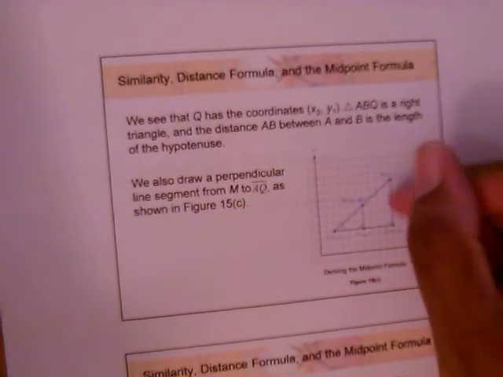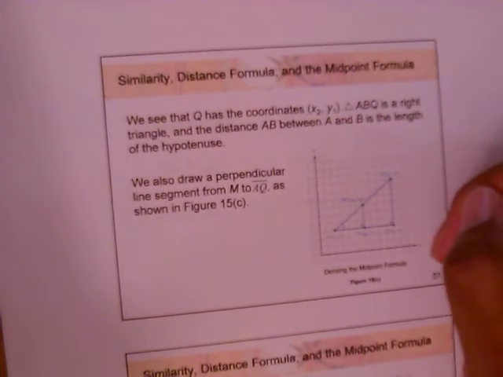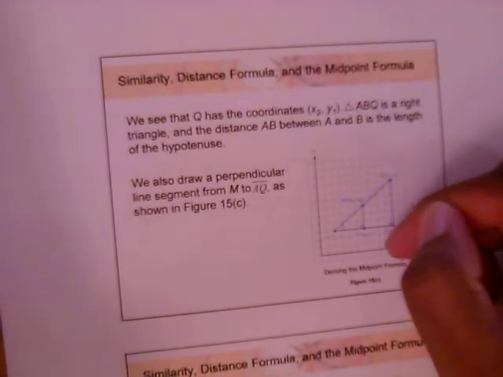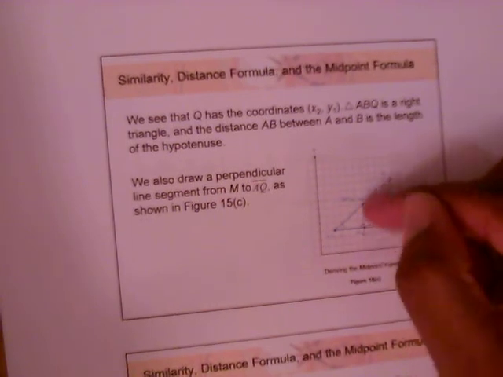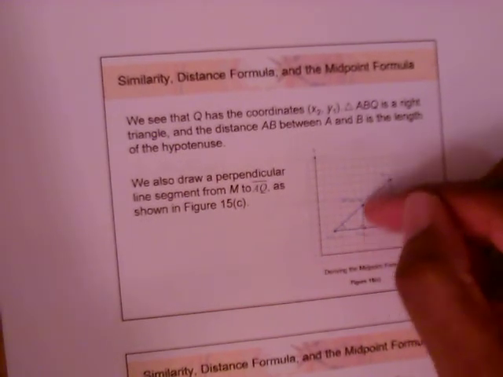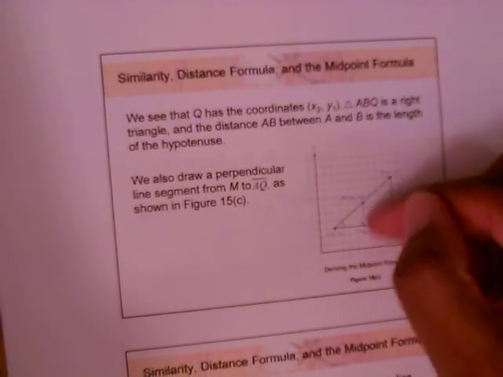The distance AB between A and B is the length of the hypotenuse. So here, A to B, that's your hypotenuse in that right triangle. So here we're going to draw a perpendicular line segment from M to AQ, right here, as you can see here. And they're labeling that as MP, as that line segment.